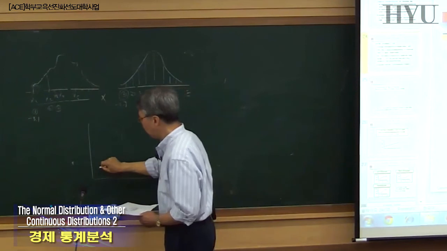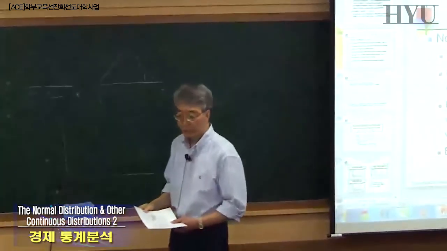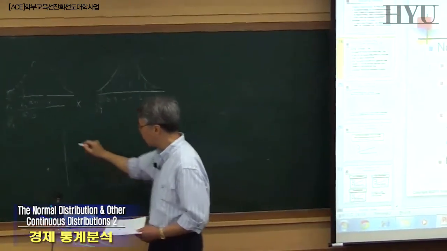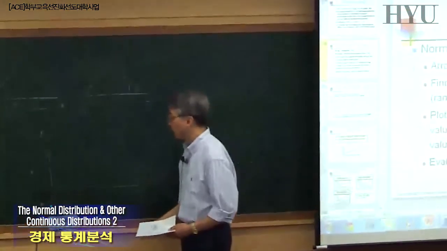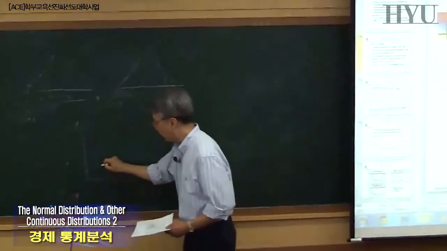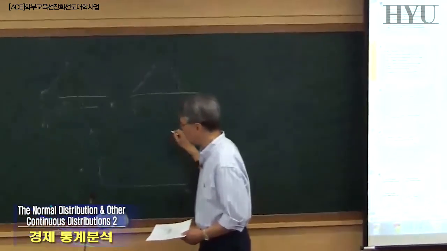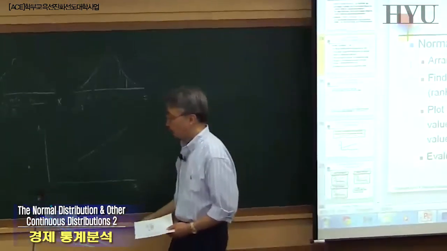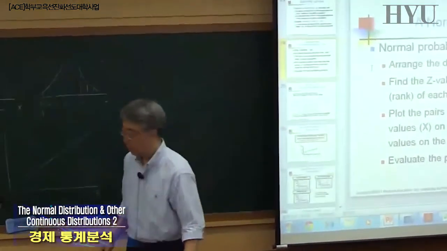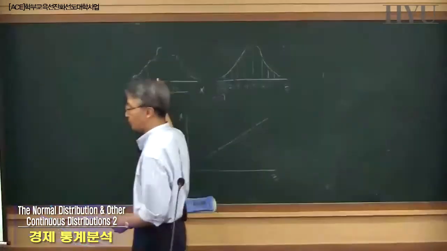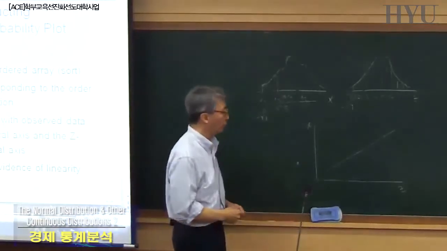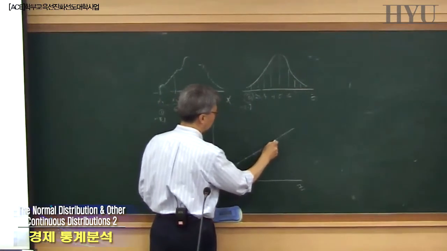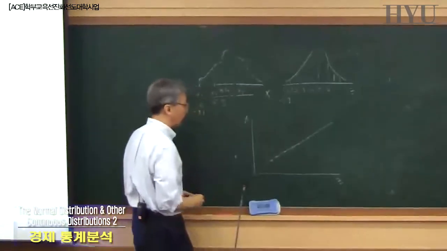Okay? So the final step of this normality plot, normal probability plot, is plotting z against x, z-score against x. Okay? And whether there is really a straight proportional relationship between the two. Okay? If the x variable was perfectly normal, then we're going to have a perfect straight line between z-score and x value.